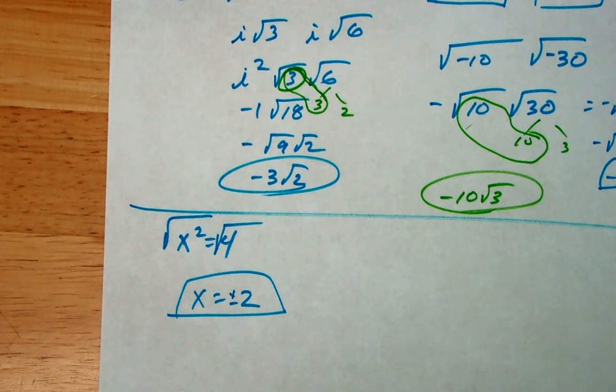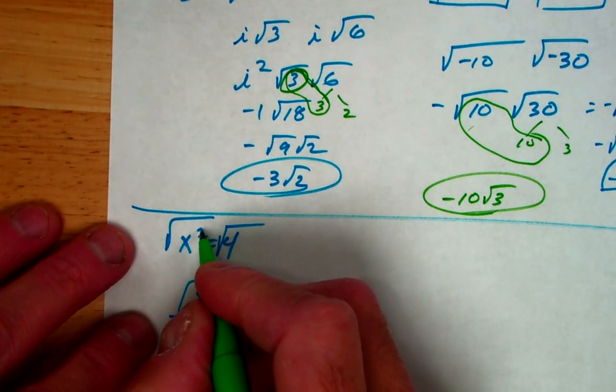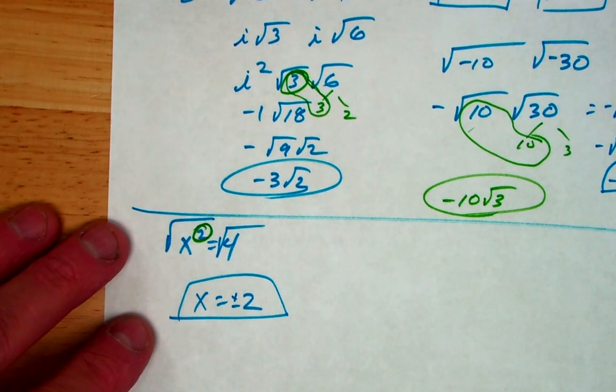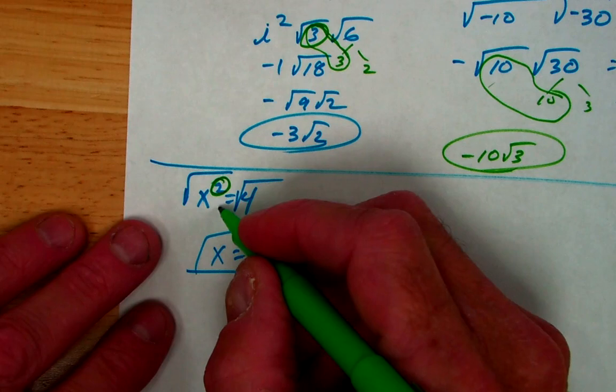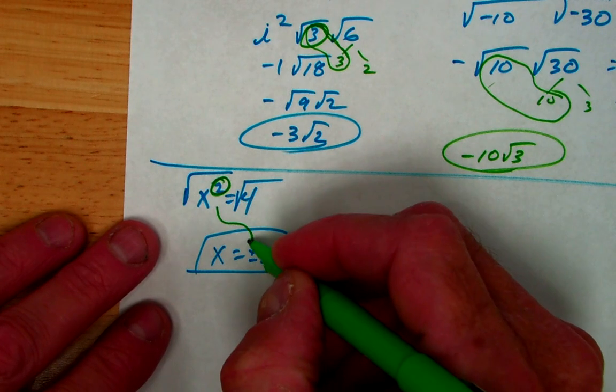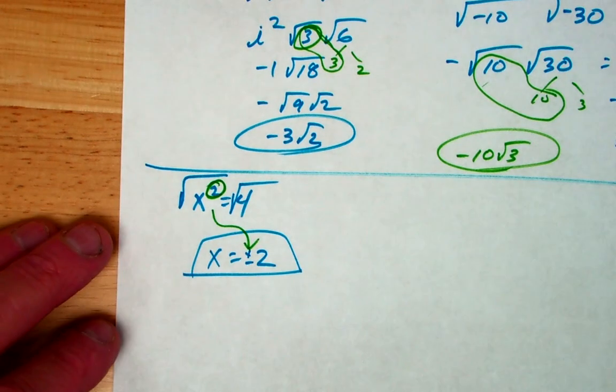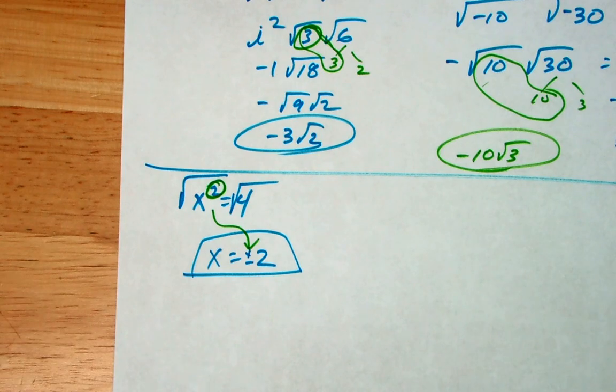Why? Because this tells us there's 2 answers. If we just put 2, we lost an answer. We killed the negative. So it's kind of like we're doing CPR and we brought it back to life by putting the plus or minus on there. So anytime you square root a variable, plus or minus on the next step.